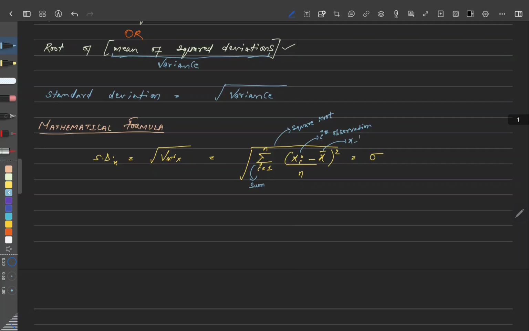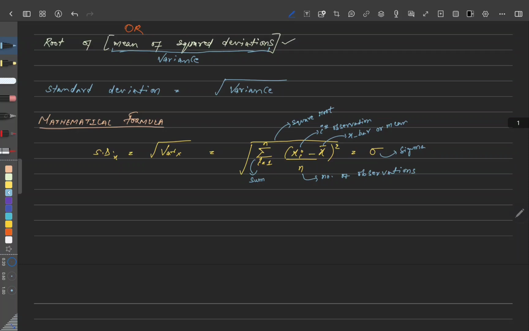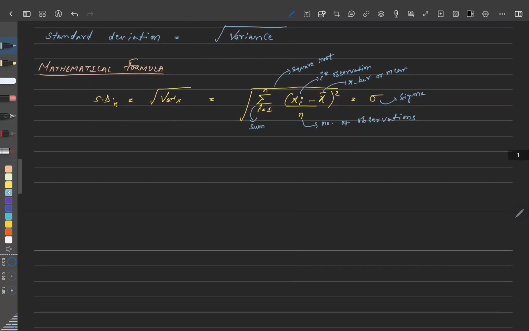This is x bar, or the mean, and this is sigma. We call it sigma. And this is the number of observations in your data set, because we are finding the average of squared deviations, and then the square root. So that is standard deviation, or sigma.